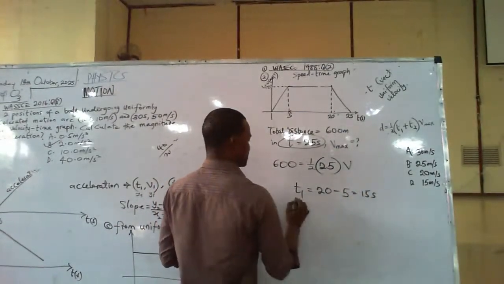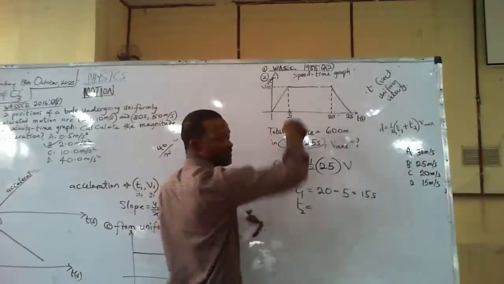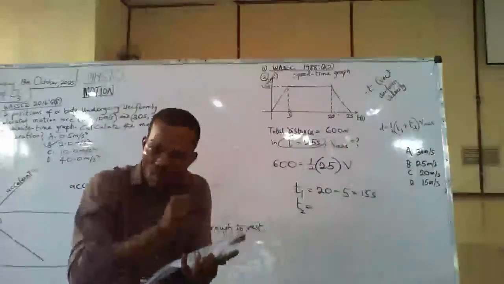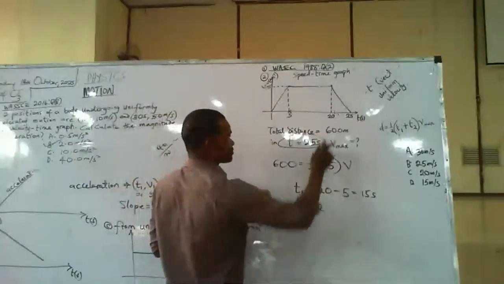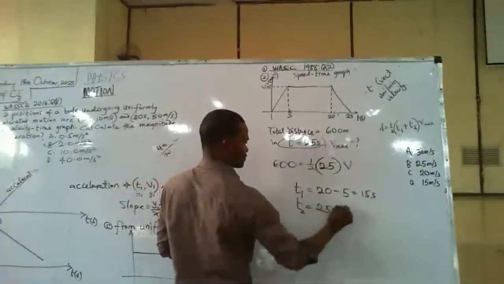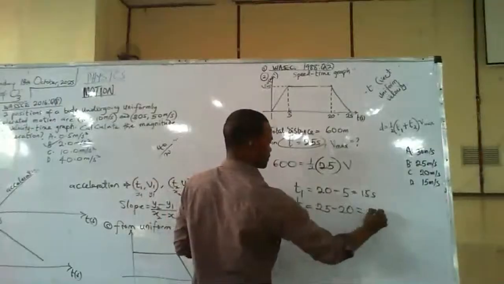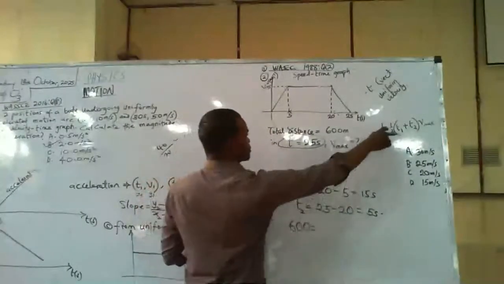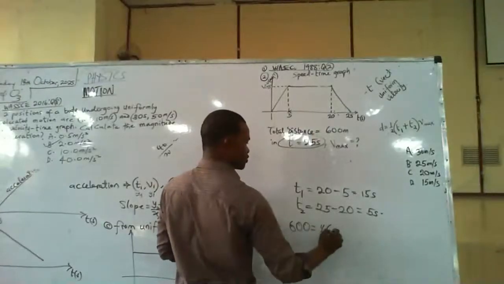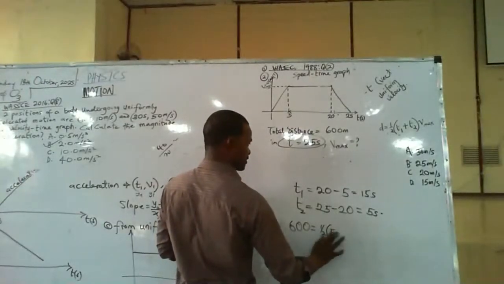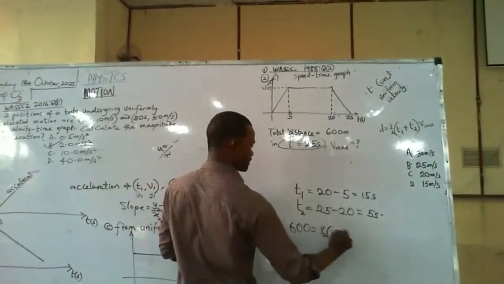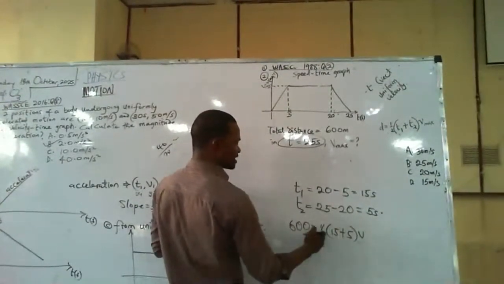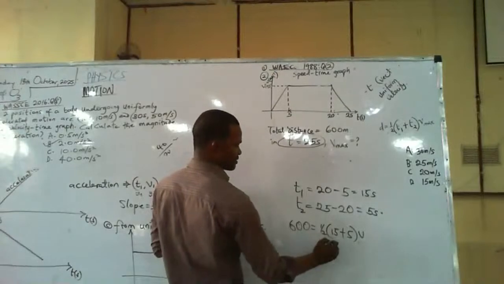Your T2 is the time of the deceleration movement, the time has to be small. You are going to get the answer now, not this one. So now I have 600 equals half into 5, 15 plus 5, that's 20, times v. That's 10. 20 times this.